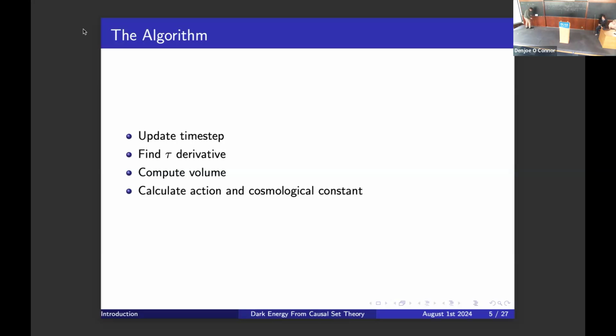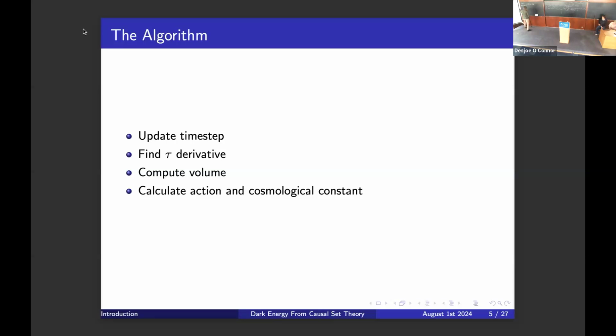Step 3 is then to calculate the volumes. So first thing is that we take the volume element from the FLRW metric, which is given as dV equals a to the 4 sine theta dr d theta d phi.